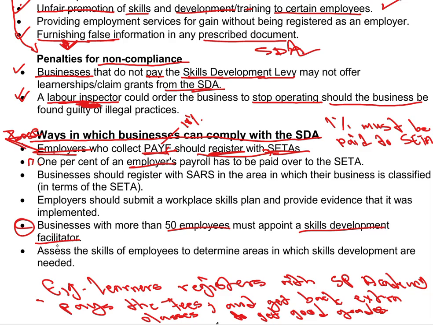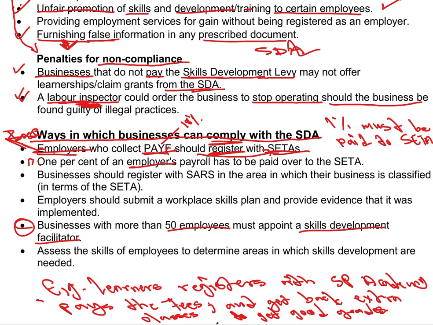They ensure that you guys comply with the SDA. So you can think of the company skills guru. They make sure training happens and paperwork is done.